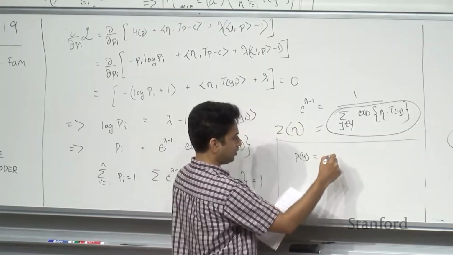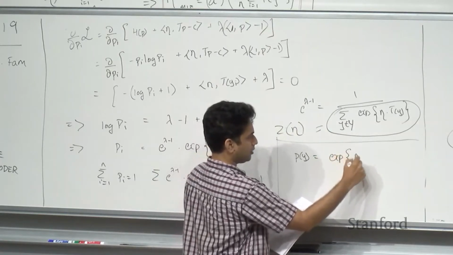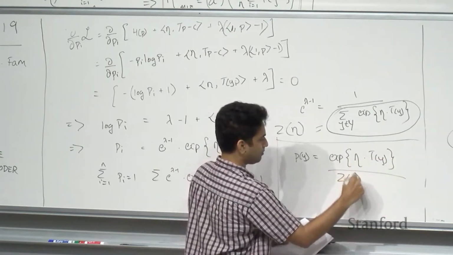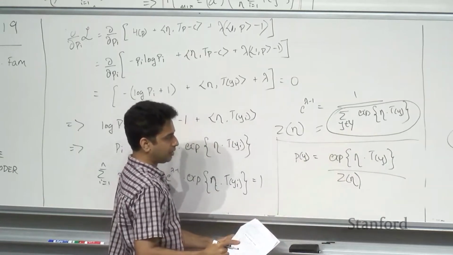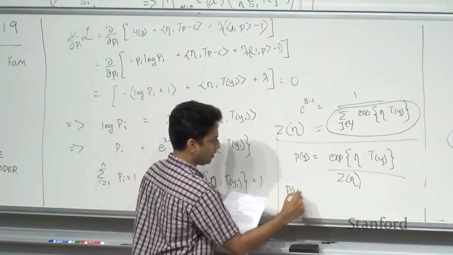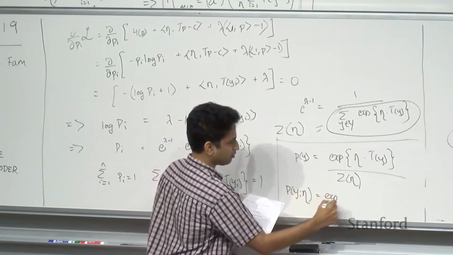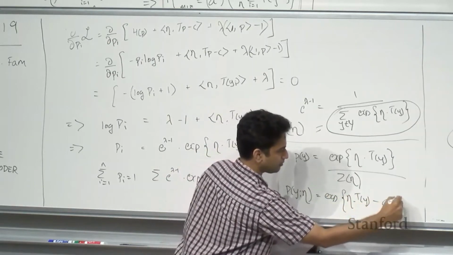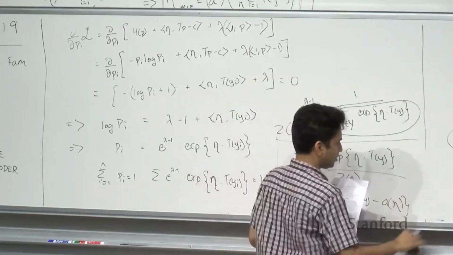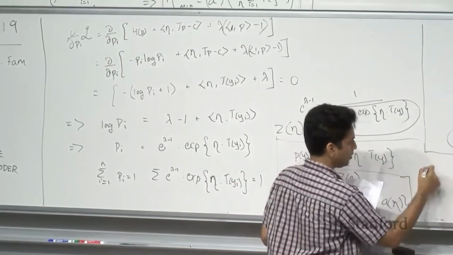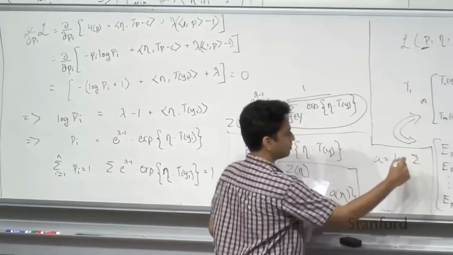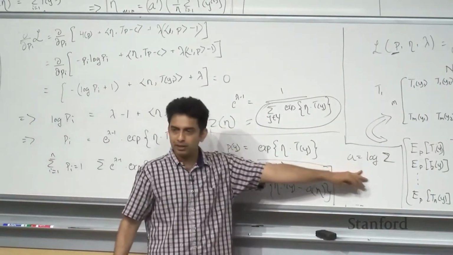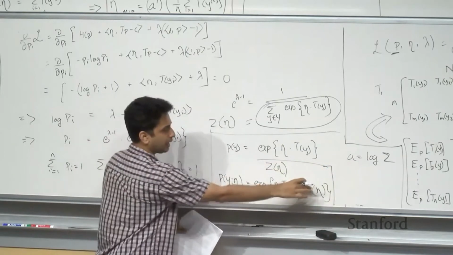So we get P of y equal to exponent of eta times t of y divided by z of eta, where z of eta is just this normalizing constant, and so P of y parameterized by eta is equal to the exponent of eta times t of y minus a of eta, where a is just equal to log z. Right? So z is called the partition function and a is called the log partition function. And by taking the log, we can bring it into the exponent.